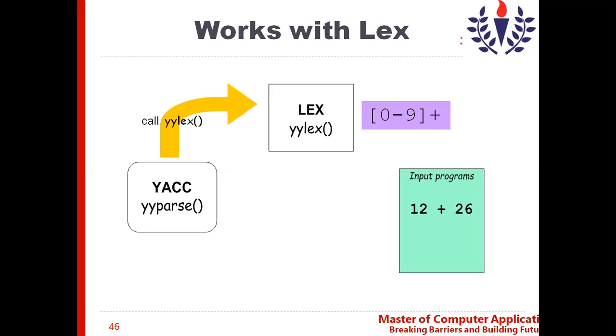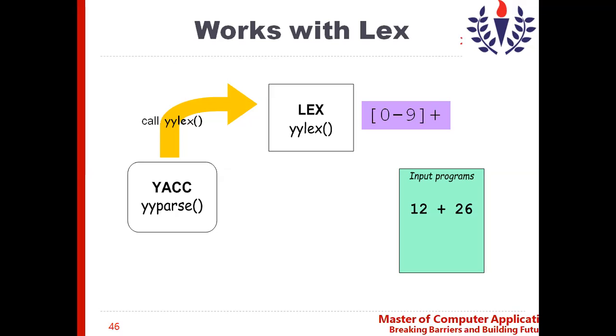What is the 0 to 9? It is a range from 0 up to 9, a character class. Within the square brackets you have the digits, so if any one of these digits is in the input, it can be accepted.